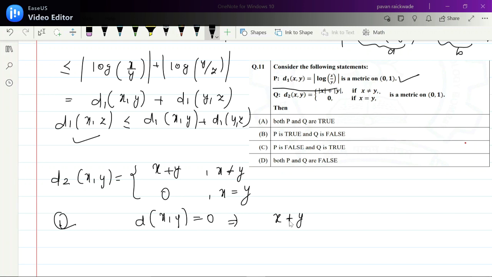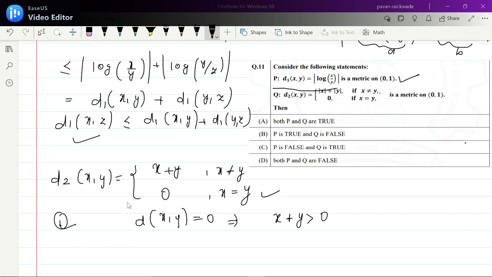But because both x and y are strictly positive numbers, their sum cannot be 0, because the sum of two positive numbers is again strictly positive. So this can't happen. So x and y must be same, and this is the only case where the distance is 0. So that's trivial. Okay, the first property is satisfied.